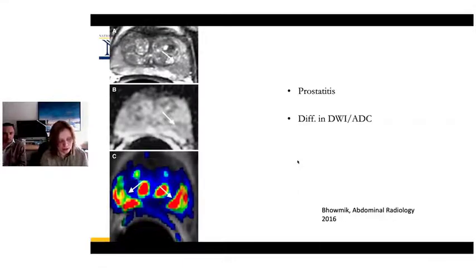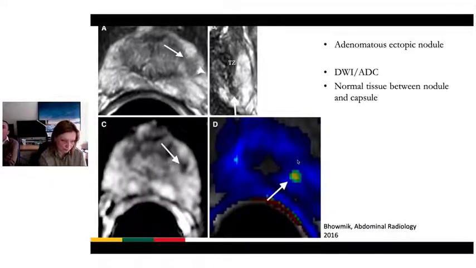Prostatitis, usually we can differentiate from cancer on diffusion and ADC images. It has no low signal on ADC, but it has contrast enhancement. Usually, luckily, it's diffuse, so we can differentiate prostatitis from aggressive cancer lesions.